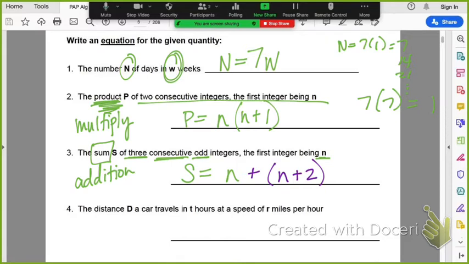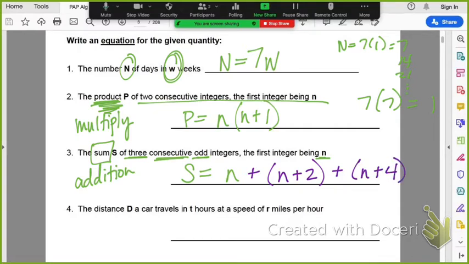Shirley's question was, the first integer just doesn't necessarily mean that it's the smallest integer, though. It just says the first. So it could be the largest, it could be the smallest. And then if I'm doing plus, what would the third integer be? N plus 4, good.